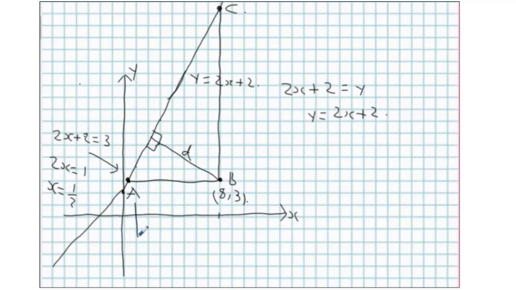So A must be at (1/2, 3). Similar approach for C, but here we know the x coordinate is 8, so y equals 2 times 8 plus 2, which is 16 plus 2 equals 18. So that means C is at the point (8, 18).